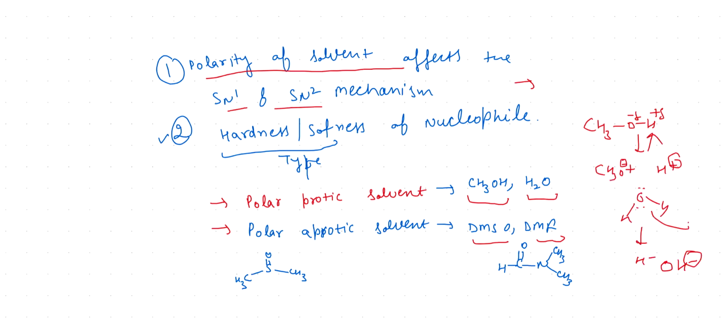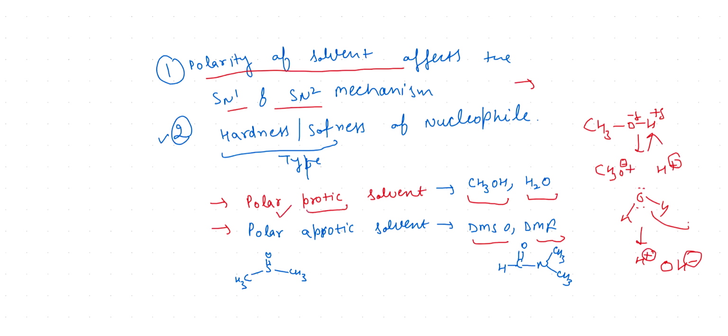Here H positive, okay, and OH negative. So these are called protic solvents. Protic means they can lose a proton, they have a proton to lose. These are polar in nature because they have a particular dipole moment.